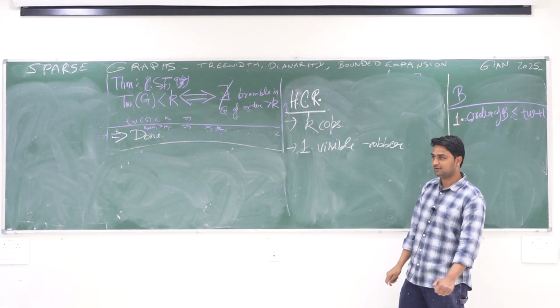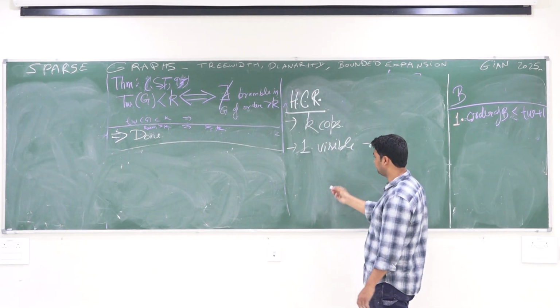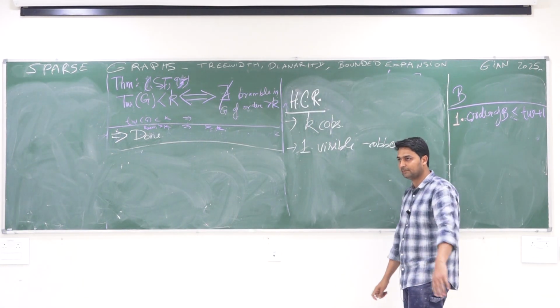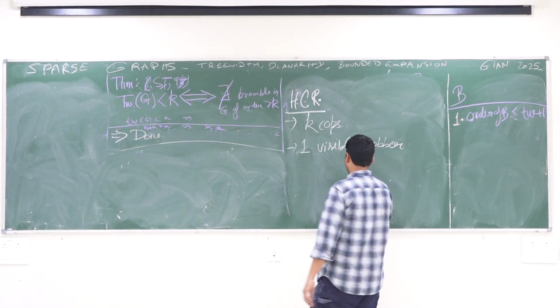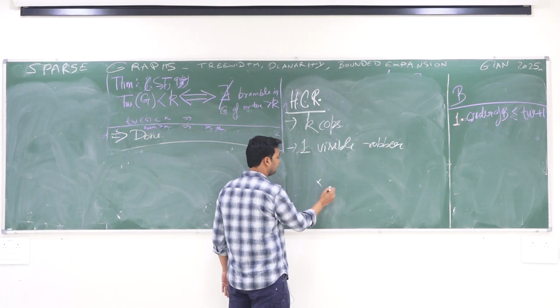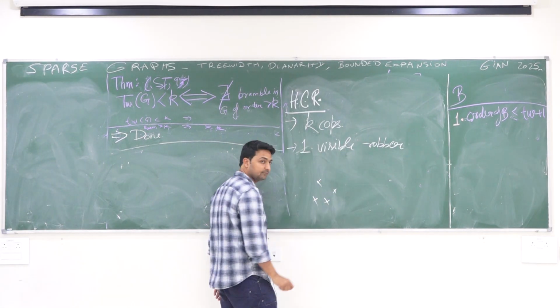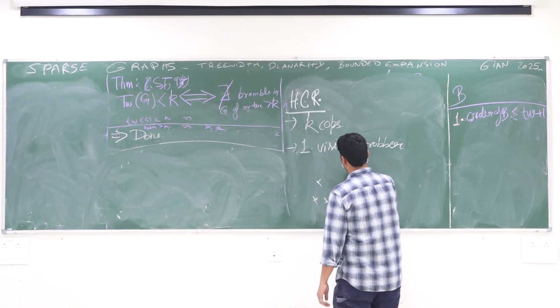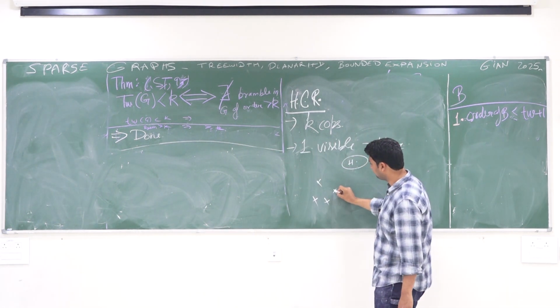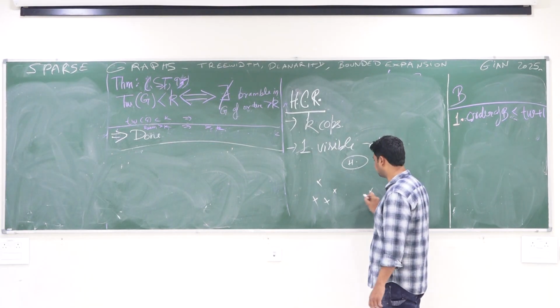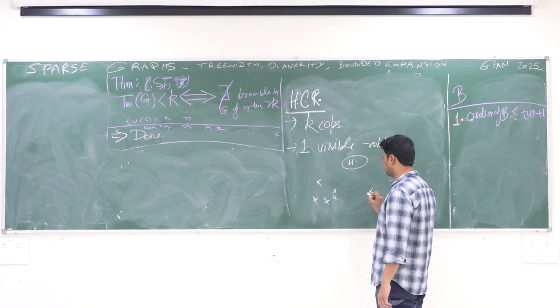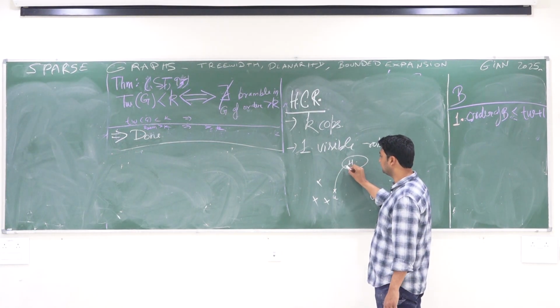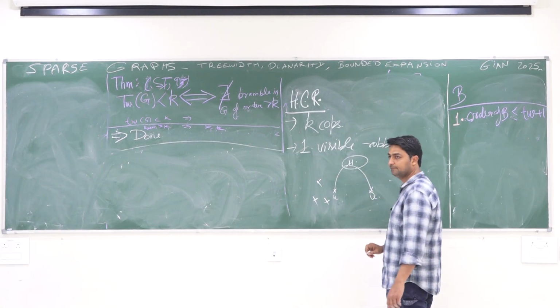So now the game begins in the following manner. The cops are either placed on some vertices of the graph or they are on a helicopter H. If they want to move from a vertex to another vertex, let's say from U to V, the cop will go to the helicopter and then get down at V.